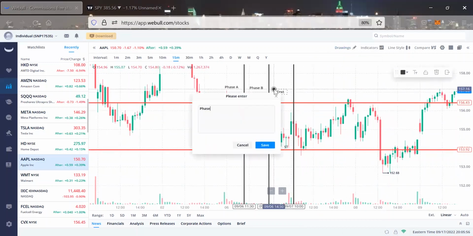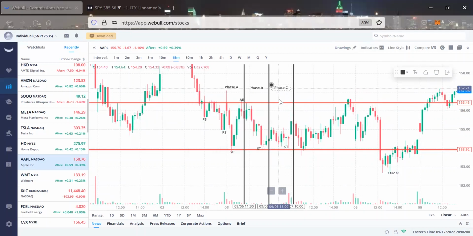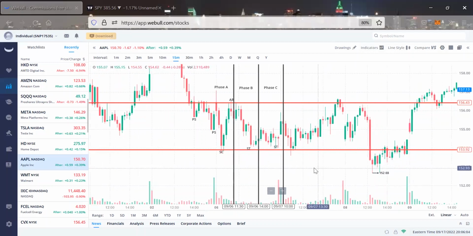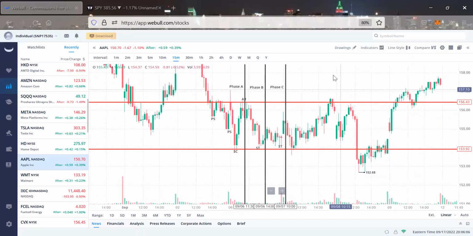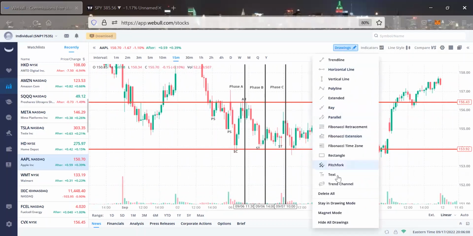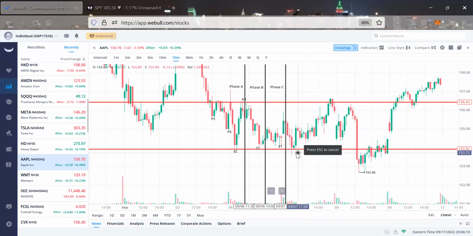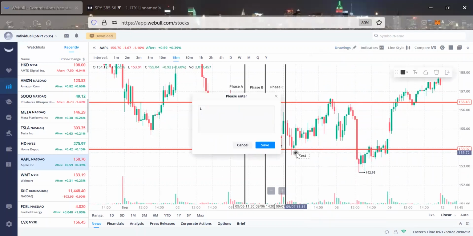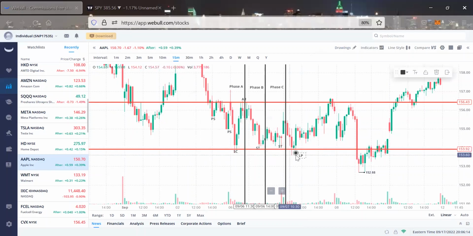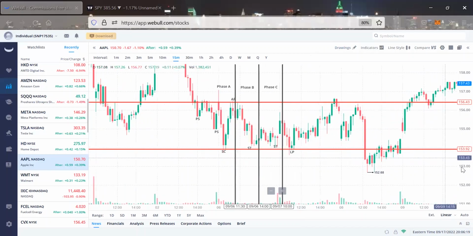Phase C, so that's what we have to worry about for that test, the second test, if that makes sense. And then we have something called LPS, last point of support.